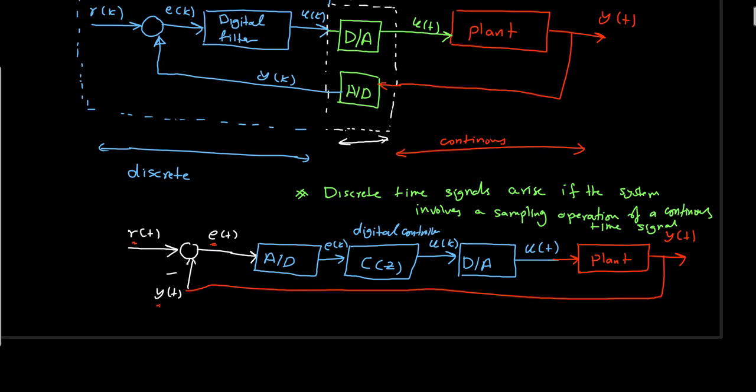So simply, this means that if I'm having here, for example, E of t, I'm having a sampler like a switch, and this switch is open and closed with a certain sampling frequency, which has a period of T, the sampling period, and this will be the E star of t, which is the sampled signal.